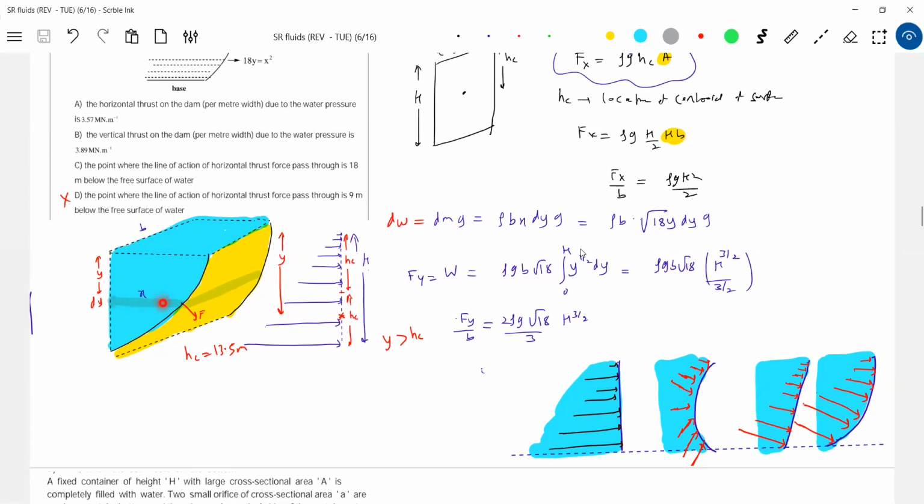So I'll assume a small elemental area here, an elemental strip. This will be b into x into dy, which is the volume. Volume into density will become the mass of that particular shaded strip.